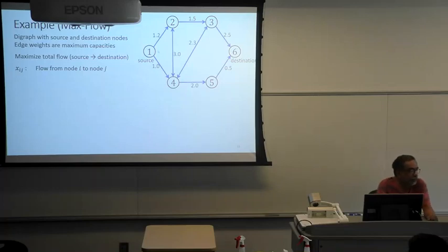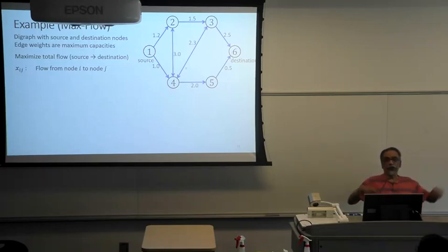Okay, so water flows in these directions, and these weights are the capacities. So 1.5 gallons of water can flow from node 2 to node 3. Between 3 and 4, up to 2.3 gallons can flow, but you see arrows point both ways, so they can go either way.